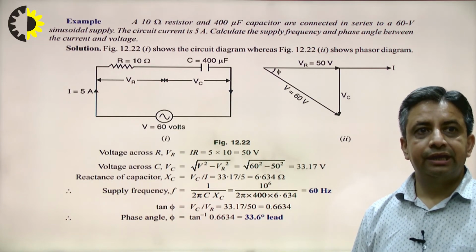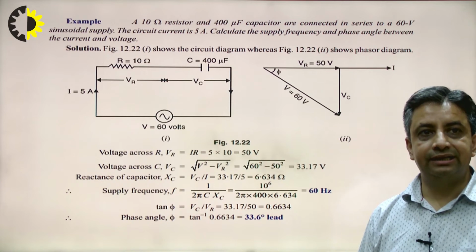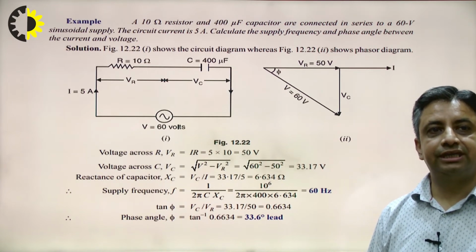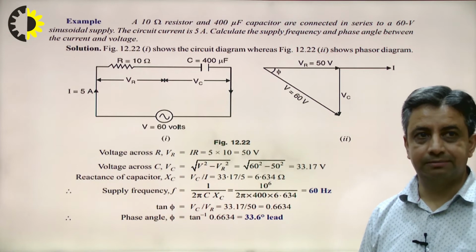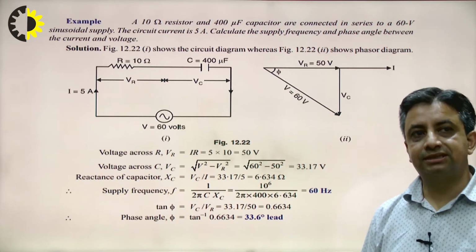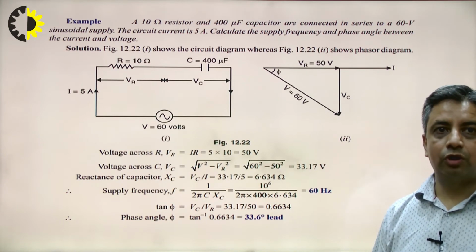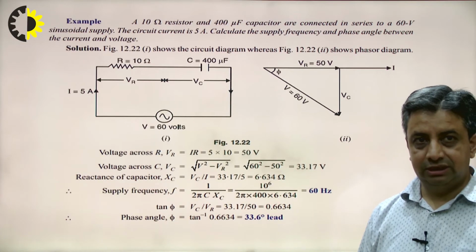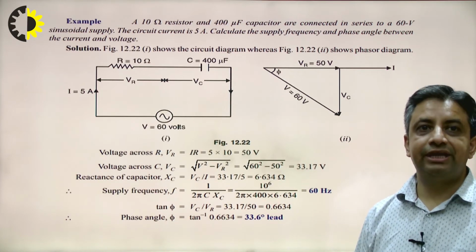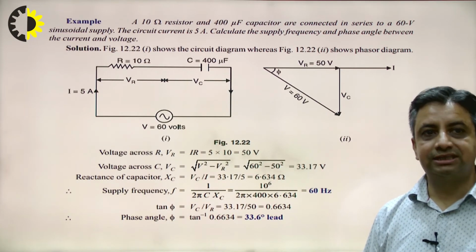So here you can see in the circuit diagram, R and C are connected in series, and this combination is supplied from a 60 volt supply. Now the circuit current, that is the current drawn by the circuit, is 5 ampere. If you draw the voltage phasor for this, it means VR is 50, VC is unknown, and the supply voltage is 60 volt.